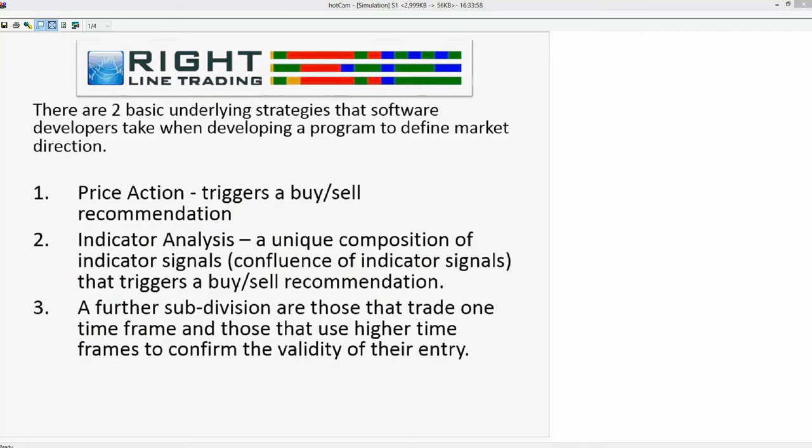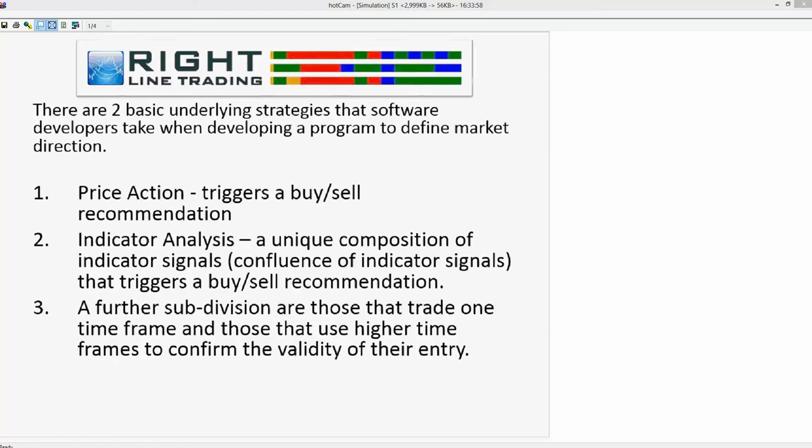Now, really, there are a number of different underlying strategies that software developers take when they develop a program to define market direction. And all of these different strategies have very, very ardent supporters. And I'm not here to tell you there's any absolute right or absolute wrong. I'm simply here to tell you what we believe to be the best mix.